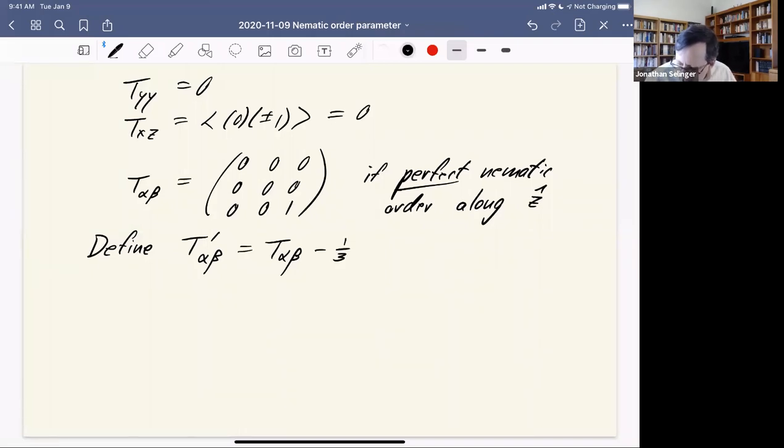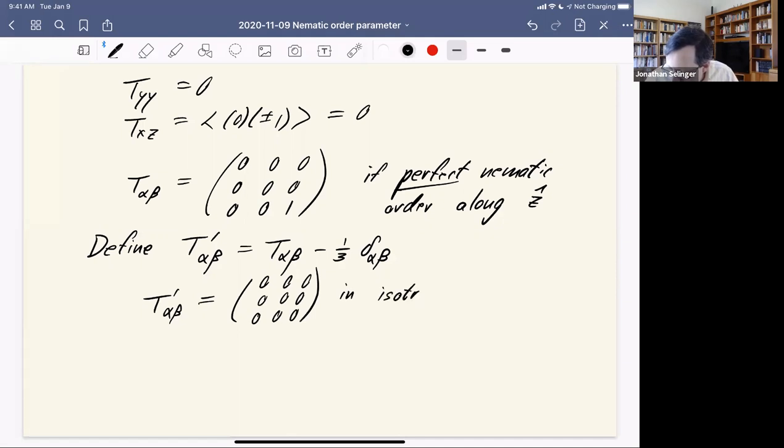I could write that nice and compactly with the Kronecker delta. It's 1/3 of delta alpha beta, because this delta alpha beta is the identity tensor, with the components 1, 1, 1 along the diagonal. In that case, this tensor T prime is going to be 0, 0, 0, 0, 0, 0, 0, 0, 0 in the isotropic phase.